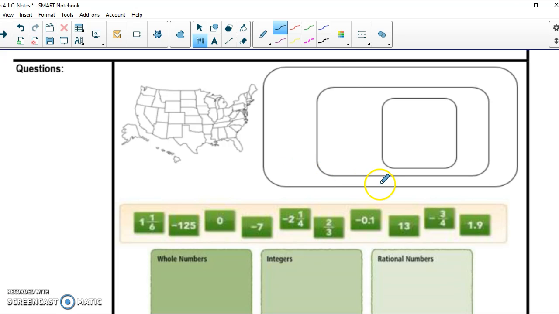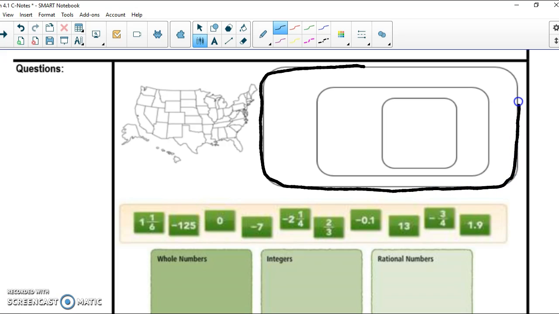So our big box here, we are going to start by listing all the numbers in here as rational. And hopefully when you see the word rational, you notice the root word ratio, and that tells you exactly what it means to be a rational number.